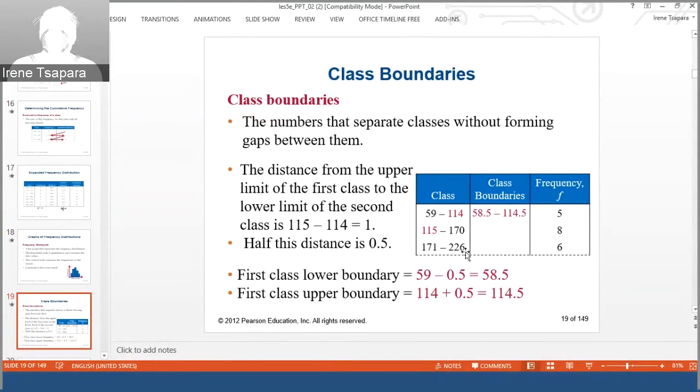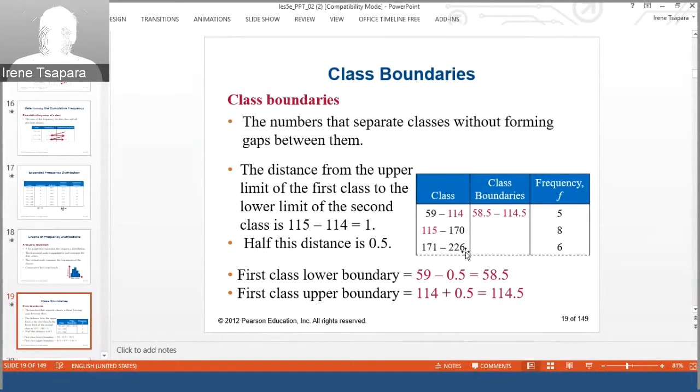What do you do then? This is the reason why you create class boundaries. The class boundaries are extended limits around the class, created in such a way that they do not leave any space for any data point to fall in no class, to fall into a black hole.